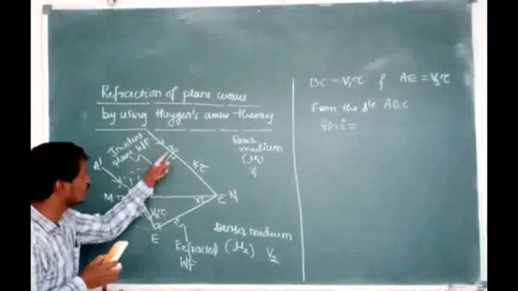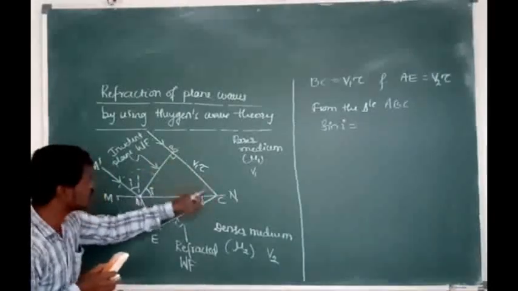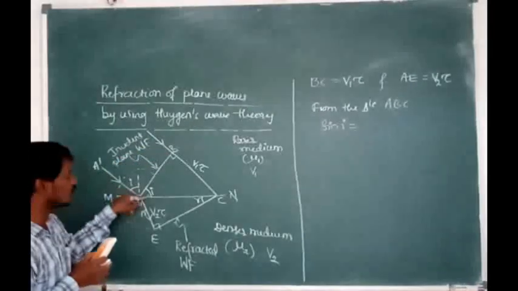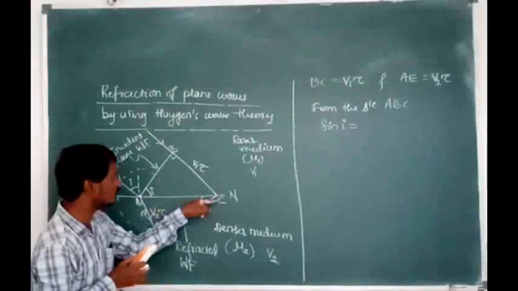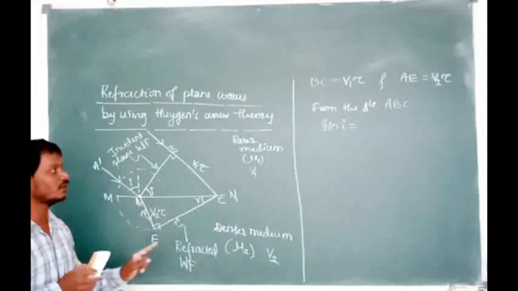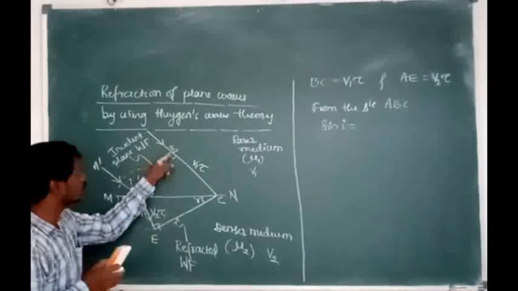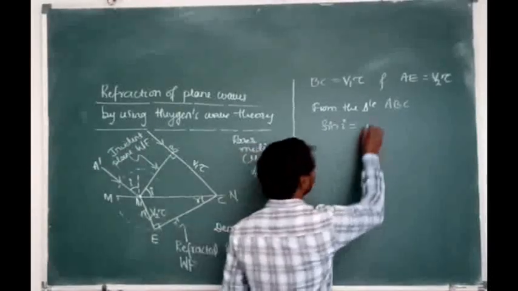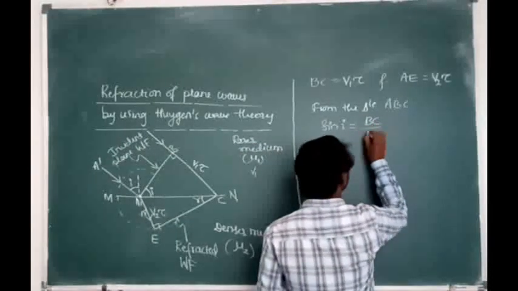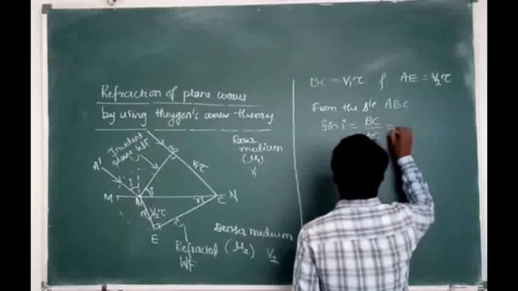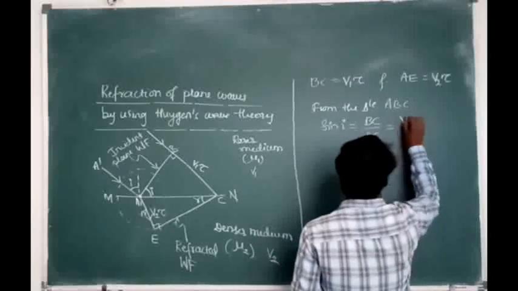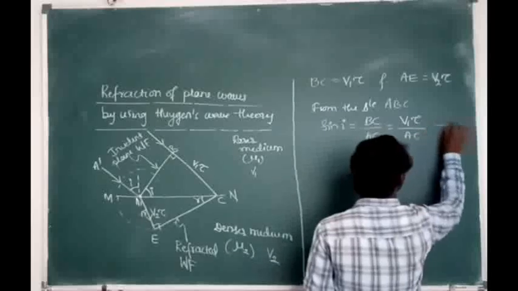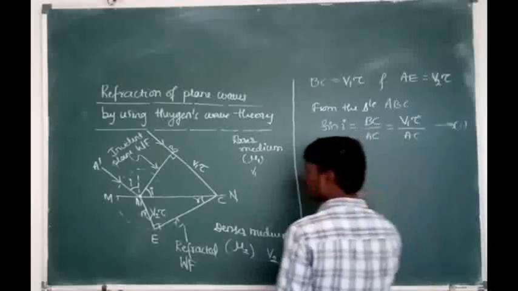Here in ABC, BC is the opposite side to i, AB is the adjacent side to i, and AC is the hypotenuse for i. Then sin i is equal to BC divided by AC. So what is BC here? BC is v1 into tau, so sin i equals v1 tau divided by AC. I will call this equation number 1, because AC is unknown.